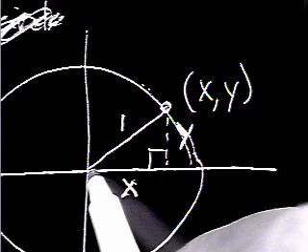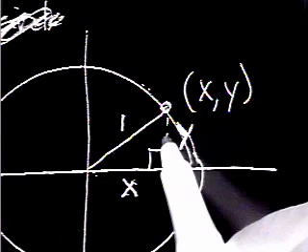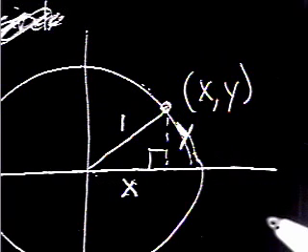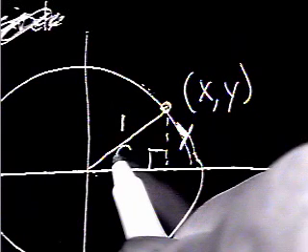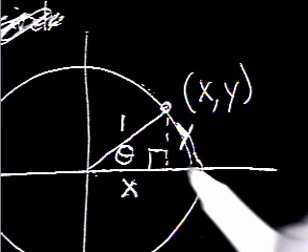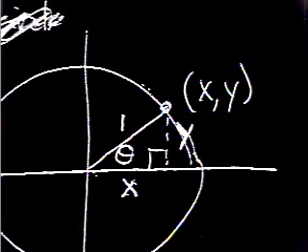In order to get to that location, you have to go x units to the right and y units up. There is an angle of rotation inside here. We'll call it angle theta. Now what I need to know is the relationship between theta and x and y.